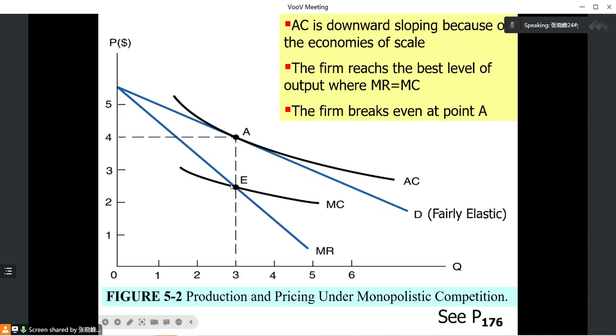The firm breaks even at point A. Why? Just because their average cost is much higher than the price and the marginal cost.